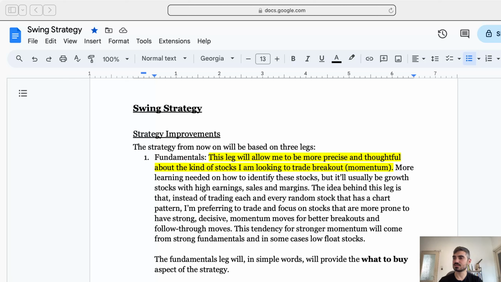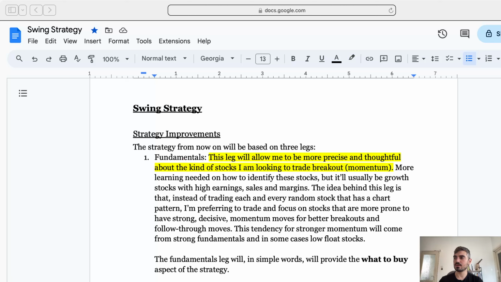Once again, I'm not saying that I'm gonna go into the competitive advantage of the company or historical performance or the main product and how they incorporate in the overall market, which segments in the market they dominate in relation to their competitors, the robustness of the company, the management. I'm not gonna go that deep, guys. At the end of the day, I'm a trader. I've always been a trader and I will always be a trader.